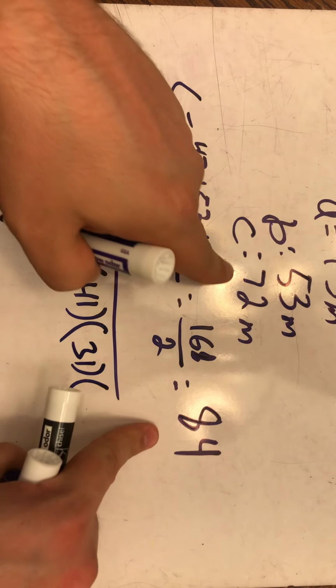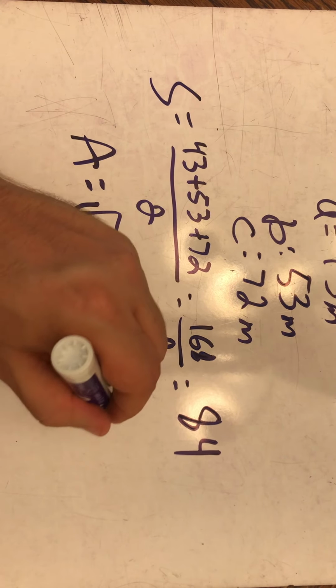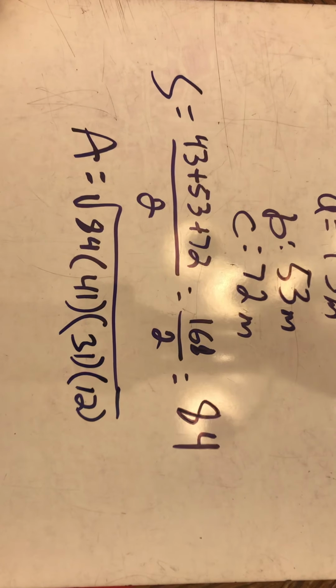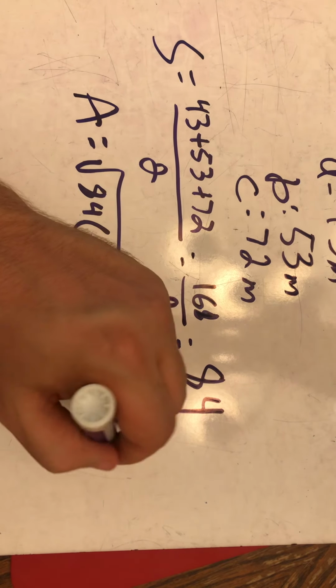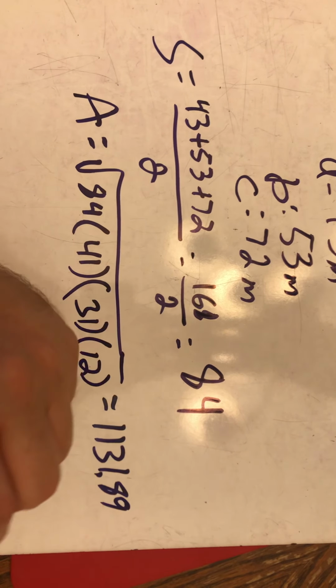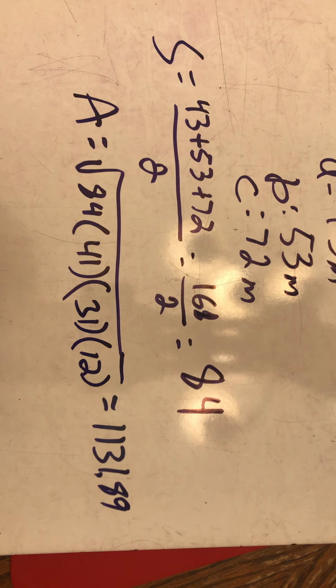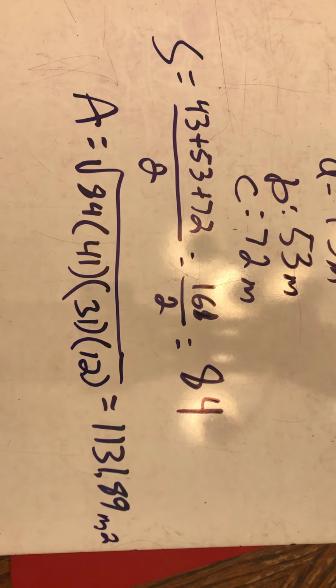And the last one, 84 minus 72, which is 12. Simple. Plug and chug, put it into your calculator, go with it. This is an area. Make sure you have your correct units. It's going to be meters squared.